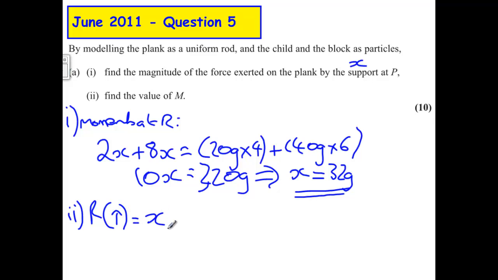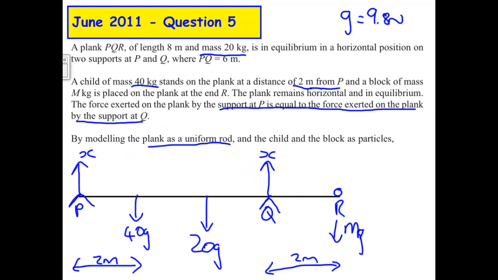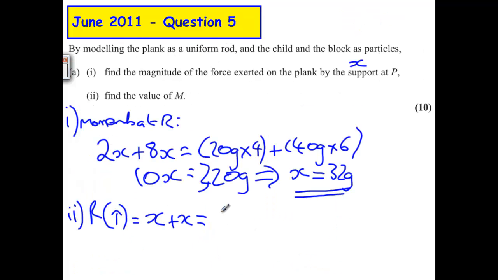So forces upwards, if I just do a capital R with an arrow to show the examiner I'm resolving vertically, I have a reaction at P plus the same reaction at Q, and that is equal to the weight of the boy, 40g, plus the weight of the plank, which is 20g, plus the weight of the block, which is m times g.